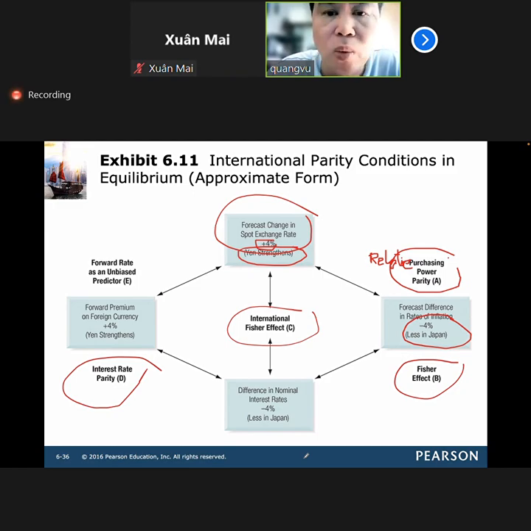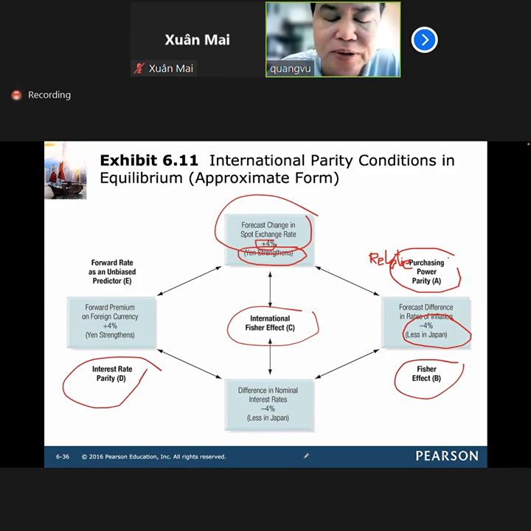Then what? Sorry, you don't have enough information to make a conclusion about the future spot rate between Vietnam dong and dollar. If you're just saying you expect inflation in Vietnam goes up by 4%, then so what? We cannot tell anything. However, if you employ the RPPP, relative triple P, then yes, you can tell.